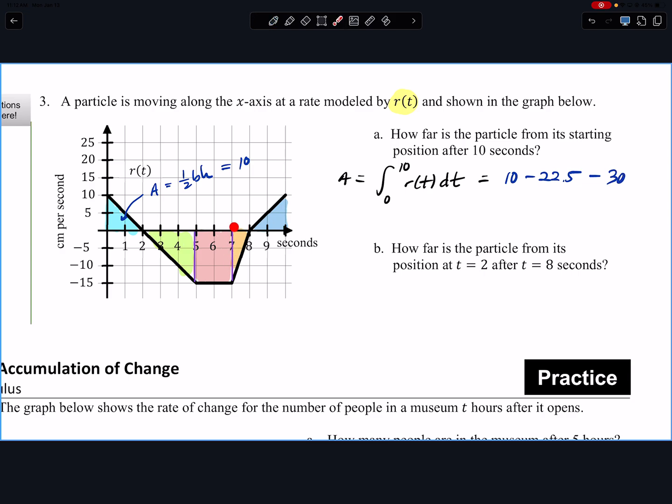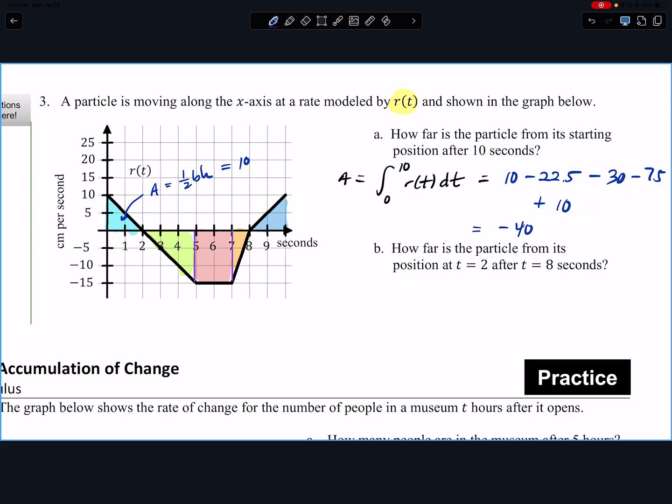This is 1. The height is 15. 15 times 1 is 15. Half of that is 7.5. Okay? Plus, this is 2 times 10 is 20. What's half of that? Because it's a triangle? 10. Okay? If you simplify all of this, you're going to get negative 40.